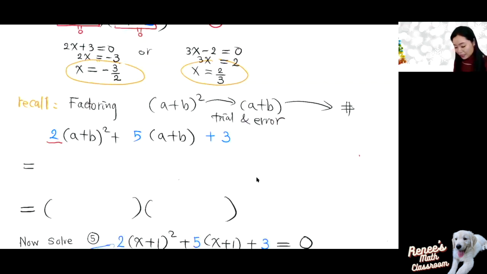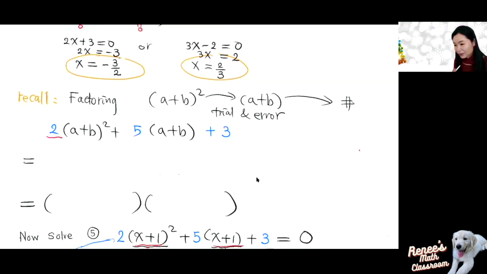Remember, we can go straight to the try and error because this one here is the square of this, and this is a number. So now we can factor the 2 here. It's a prime number, so it can only be 2 times itself. So I try 2 times 1. And then for the 3 over here, how would you like to try? Well, it's again a prime number, so only 1 times itself.